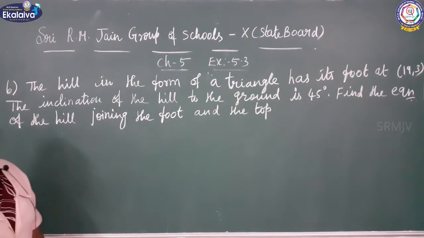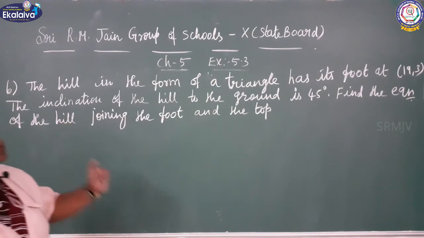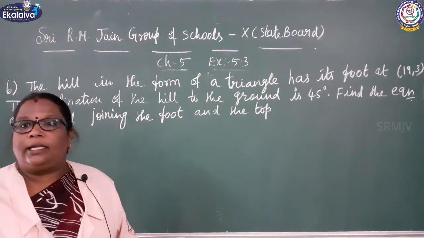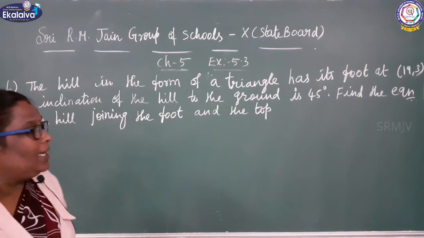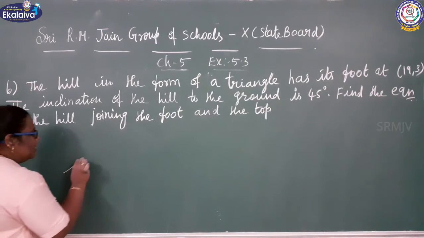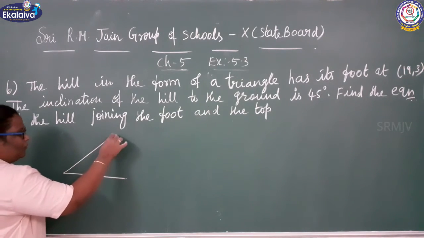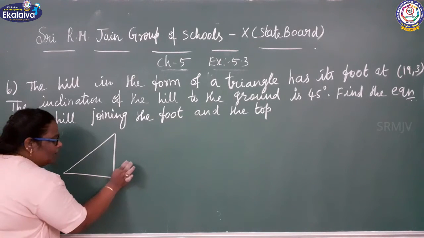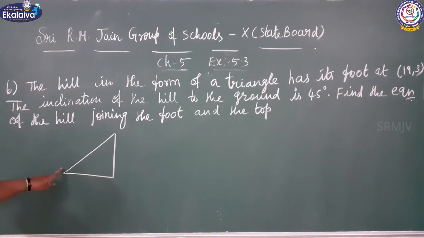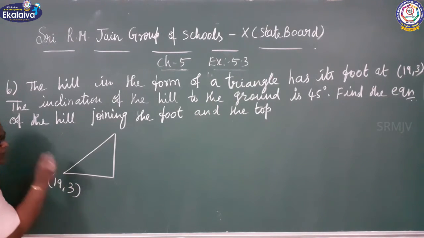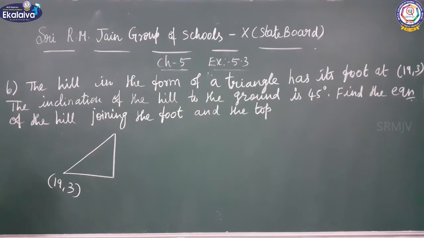See the sixth sum. A hill in the form of a triangle has its foot at 19, 3. You can just imagine it as a hill in the form of a triangle. The foot is the point 19, 3.